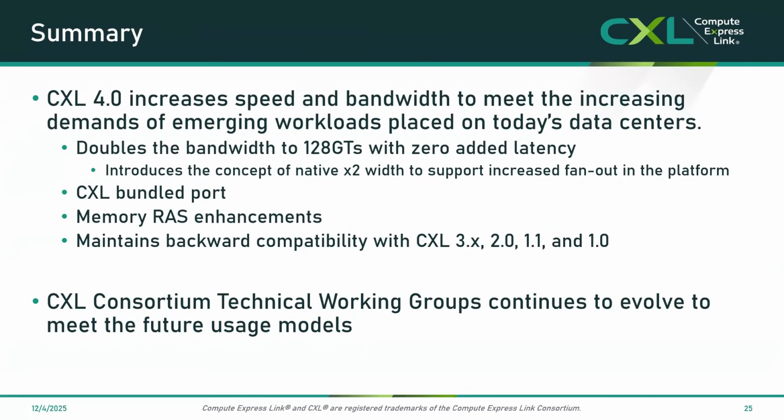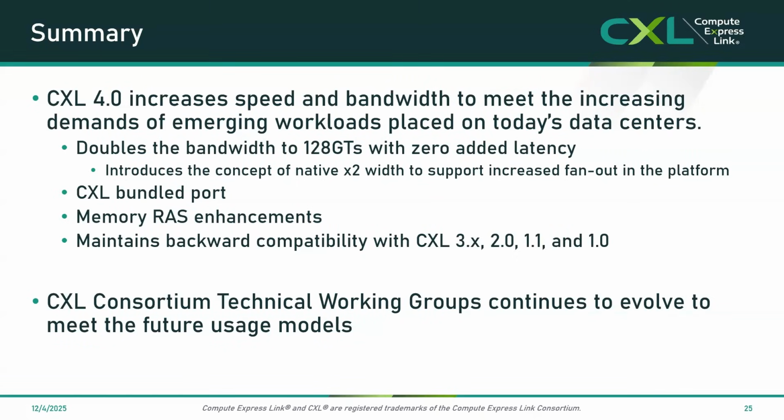Again, just to summarize, CXL 4.0 has yet again increased the speed and bandwidth of the link, so we can meet the demands of new workloads that today's data centers demand. Double the bandwidth to 128 gigatransfers per second, with zero added latency. Right, that's very critical.